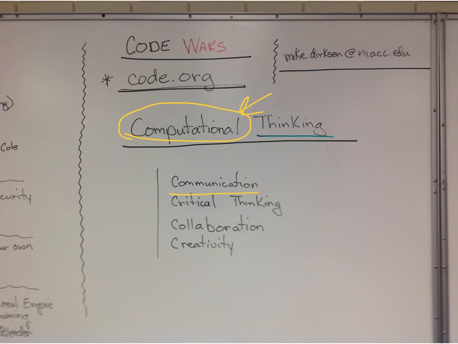They talk about the 4 C's of the 21st century: communication, critical thinking, collaboration, and creativity. This could be the 5th C, computational thinking, using algorithms to solve problems, or at least thinking through algorithmic type solutions to problems.